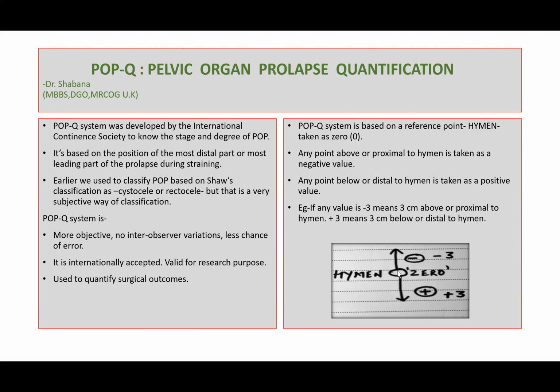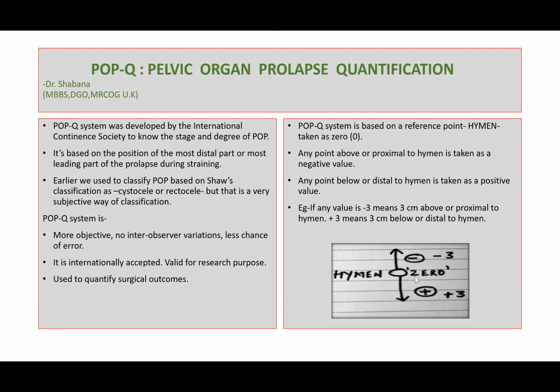Any value which is above the hymen is taken as a negative value, and any value which is below the hymen is taken as a positive value. For example, if a value is -3, it means it is 3 centimeter above or proximal to the hymen. If the value is +3, it means it is 3 centimeter below the hymen.